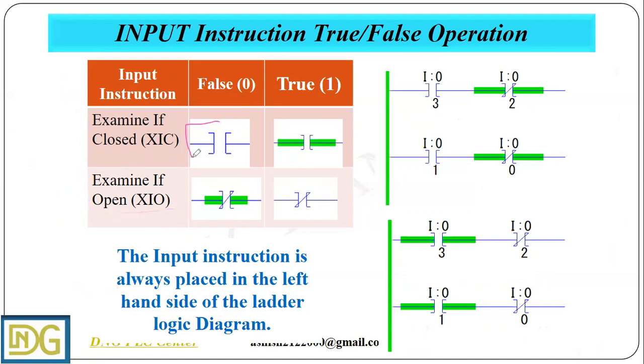Examine if closed looks like this, and open looks like this. In the true condition, when we are pressing this symbol, it will forward the signal to other instructions. And when we are pressing the XIO instruction, it will not forward the signal to others.